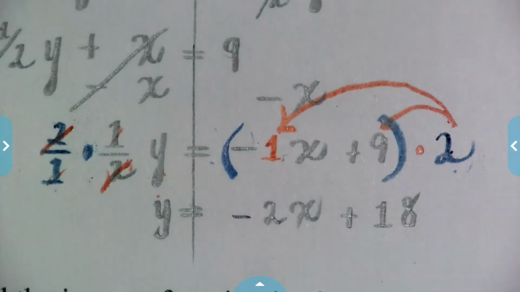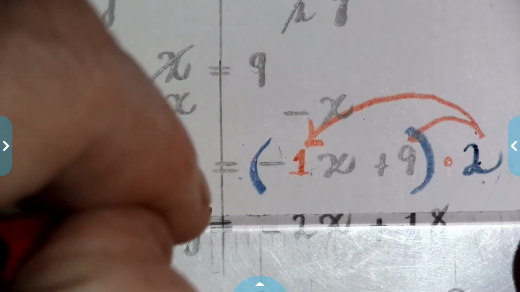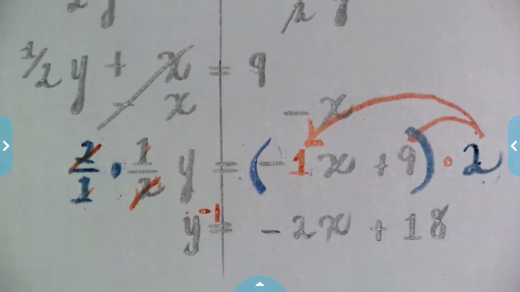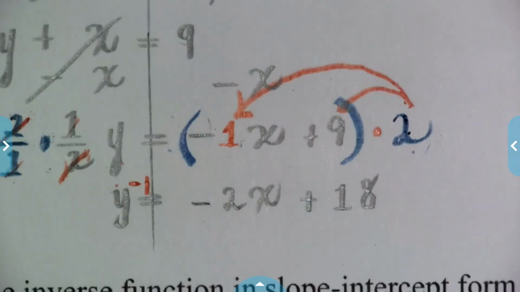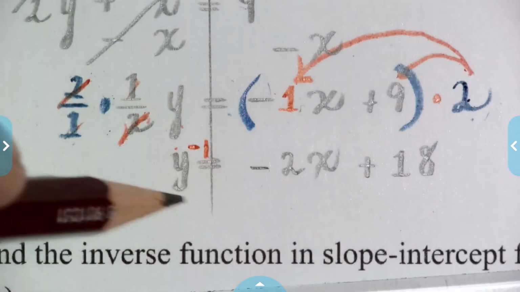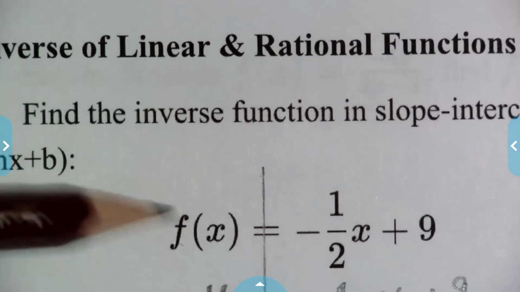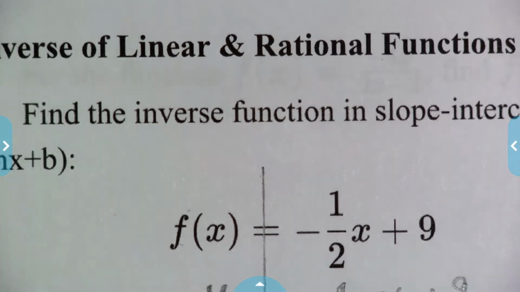Okay, you're successful. This is actually the inverse equation, so you can write y to the negative 1. That negative 1 exponent is how we refer to the inverse. That's the notation style. The final step is to put this back into function notation, but we're going to use the inverse function notation, which just means I'm going to put that negative 1 right there between the f and the parentheses.